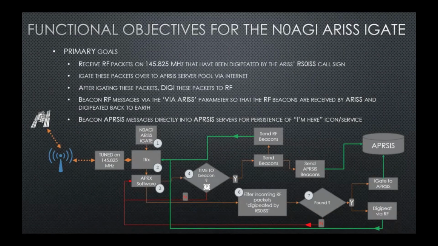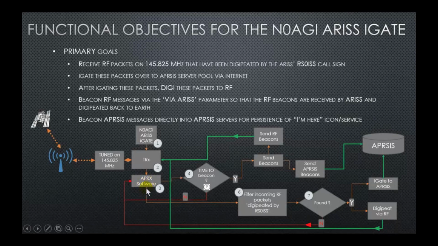So if you look at the workflow here, there is my station here that has a radio that's capable of reception and transmission, that's tuned into 145.825, and that's hooked up to an antenna that's listening for packets from the ISS. And then the APRX software is running on Raspberry Pi with a tnc-pi attached to it, and the APRX software is up and running based on the configuration in the config file.